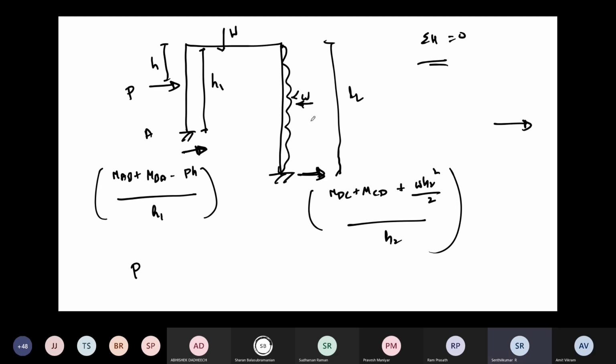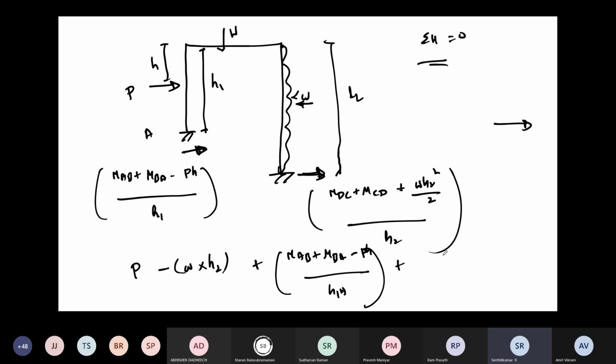W into H2, if I convert the whole UDL into a point load, is W into H2, but it is acting in this direction, that is why it's minus. Then this is also positive, positive of MAB plus MBA minus P into H by H1.